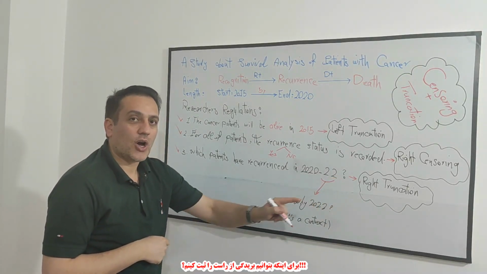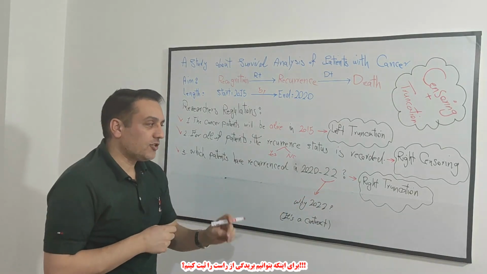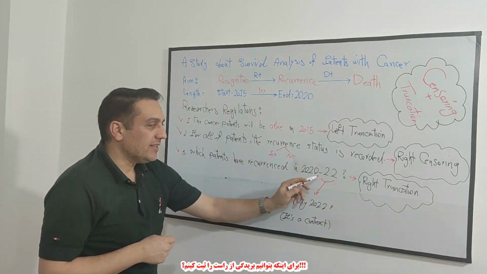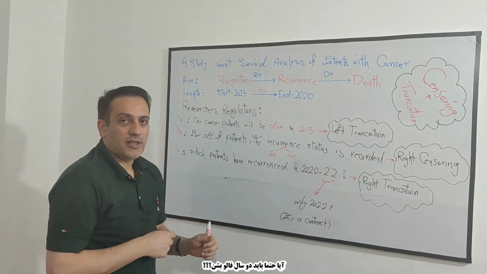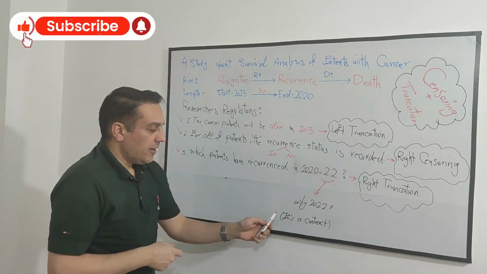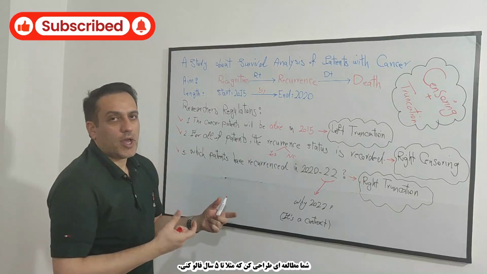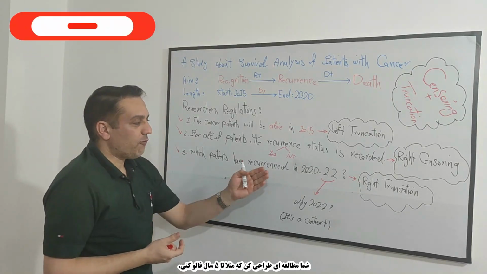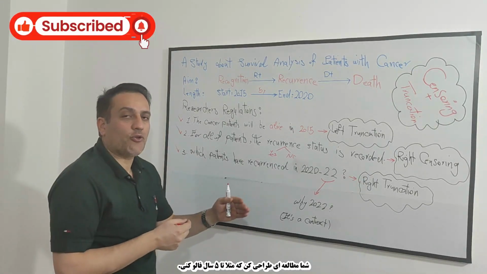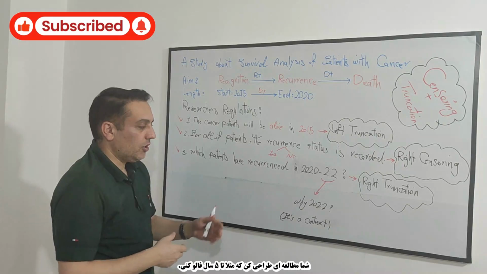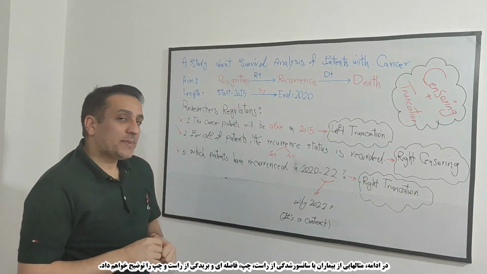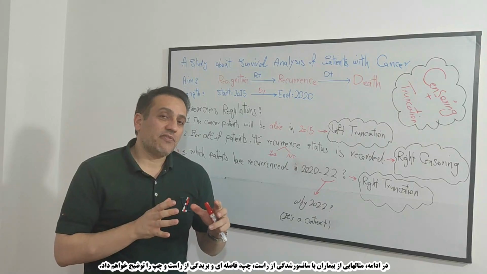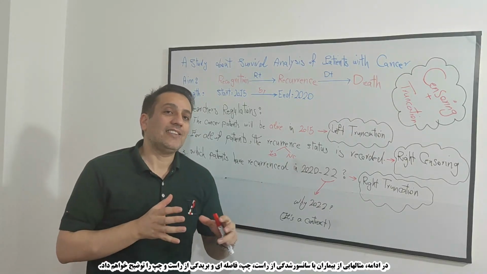In other words, I want to define right truncation with this number. Is it definite? No, it's a contract. You can design a study and follow patients after the end of the study for 5 years. It's a contract.